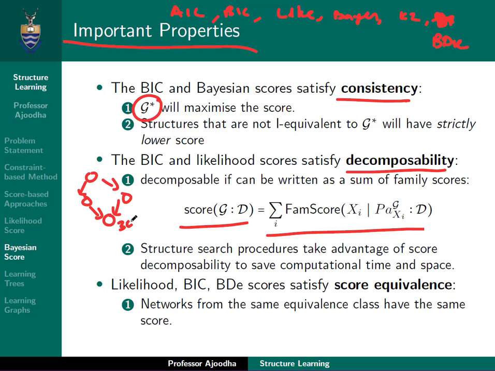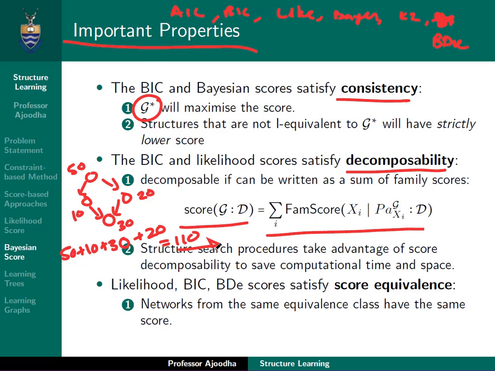I can score this part first, get a 30 here, then score this one with respect to its parents, then this, then this, and then I add up all of those scores. 50 plus 10 is 60, plus 30 is 90, plus 20 is 110, and this will be my total score for the entire network.